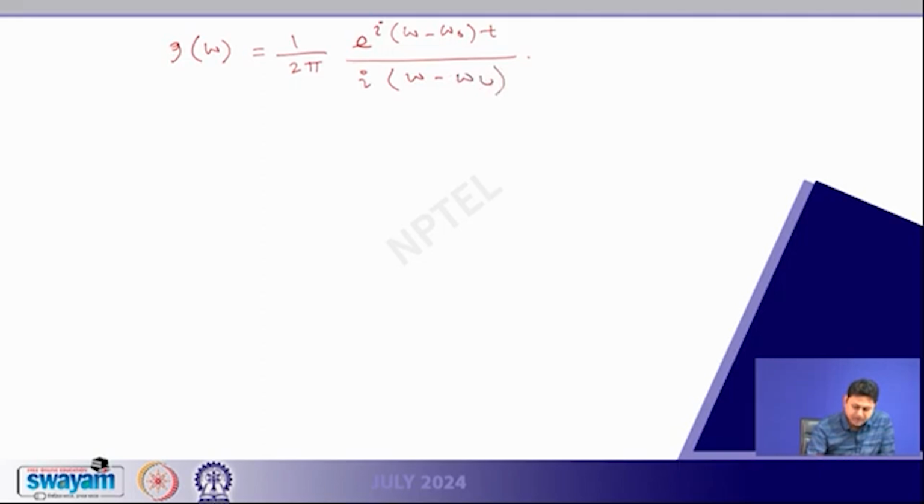That is the integral we have with the limit minus tau naught by 2 to tau naught by 2.